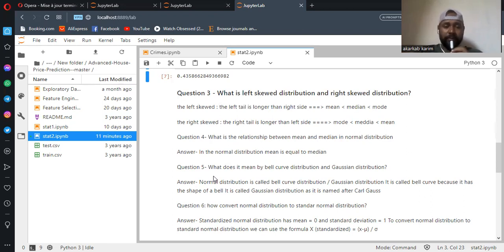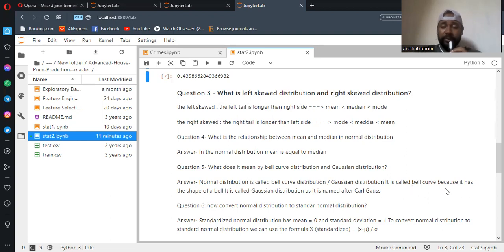Well, when we come to the fifth question here: what is meant by the bell curve distribution and the Gaussian distribution? Normal distribution is called bell curve distribution. Why? Because this curve is built like that. We have similarity: the right side is the same as the left side. We also have the Gaussian distribution.